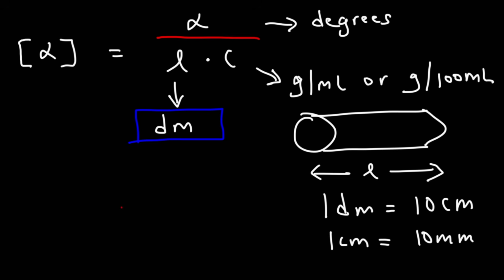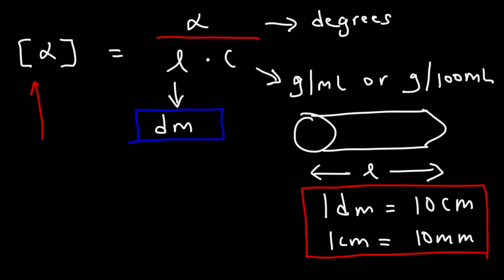Those are some conversion factors that you're going to need to know when dealing with problems that ask you to calculate the specific rotation. The subscript of the specific rotation is the wavelength, lambda, in units of nanometers. The superscript is the temperature in Celsius.